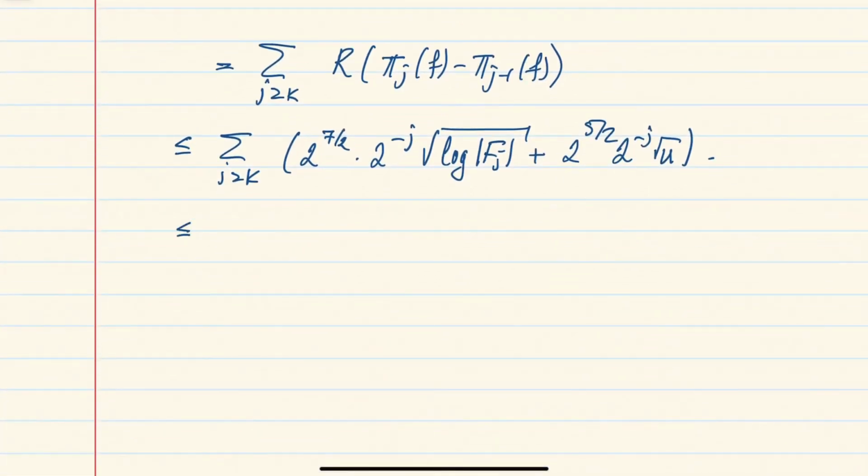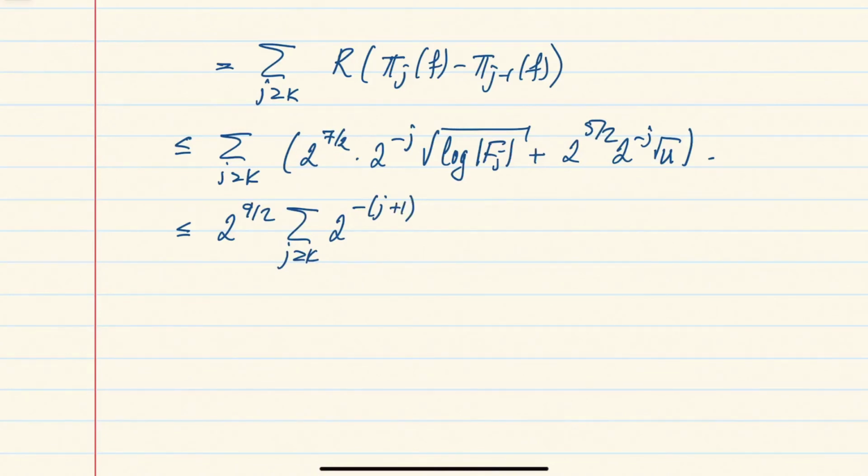Now in the first sum, first I'm going to multiply and divide by 2, so I'll write 2 to the 9/2, and then sum, I'll put minus j minus 1, minus j plus 1.